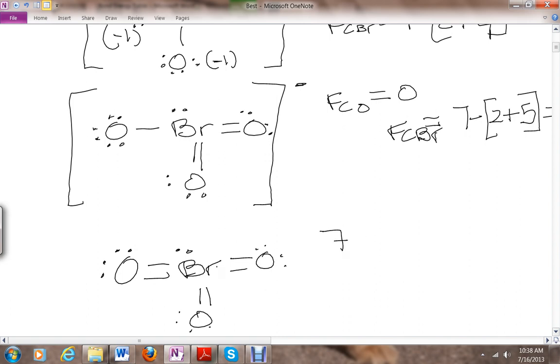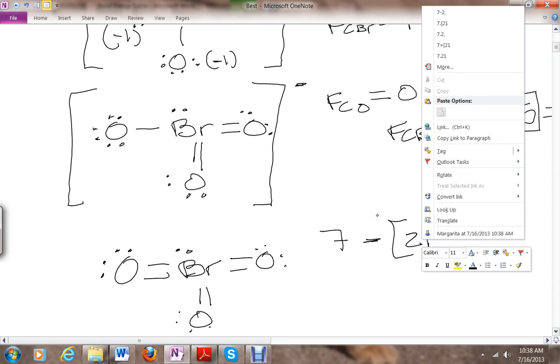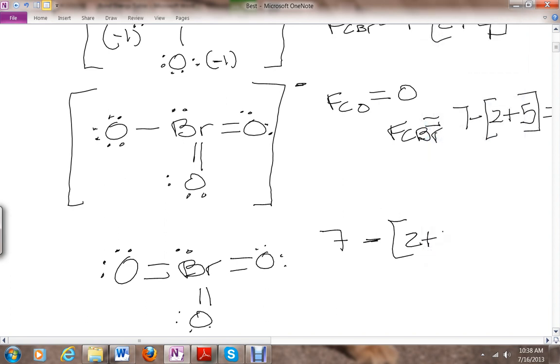The formal charge of bromine would be 7 minus 1, 2, 3, 4, 5, 6, 7, and 8, because we have 2 lone pairs, 2 unshared, plus we got 6 bonds. It's going to be 8, so 7 minus 8 is minus 1. Now, this is impossible because, yes, we got minus 1, 0, 0, and 0.